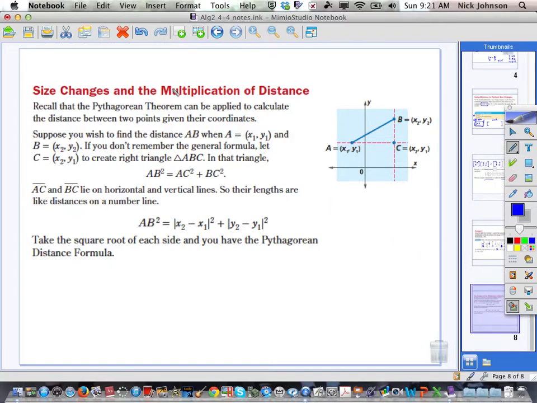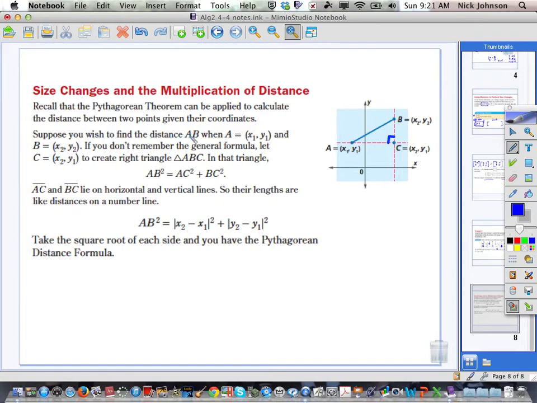Size changes and multiplication of distance. Recall that the Pythagorean theorem can be applied to calculate the distance between 2 points. Remember, the Pythagorean theorem works on right triangles. Okay? Here this forms a right triangle, so we would be able to find the distance of all these sides.